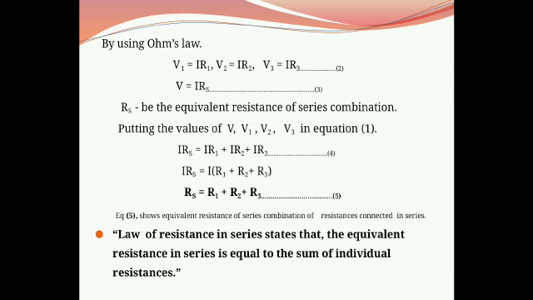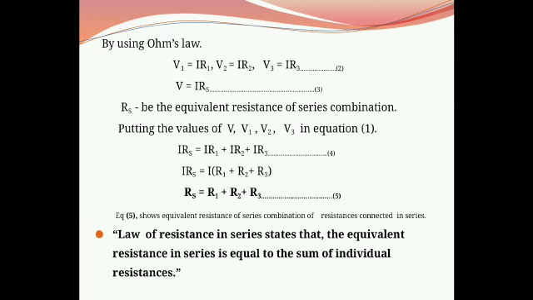Putting the values of V, V1, V2 and V3 in equation number 1, equation number 1 becomes IRs equals IR1 plus IR2 plus IR3. If we take I as common, the equation becomes IRs equals I in bracket R1 plus R2 plus R3.